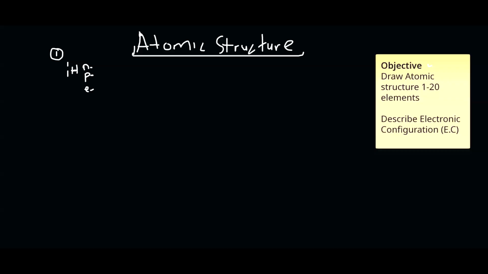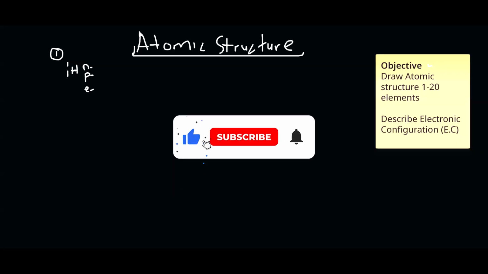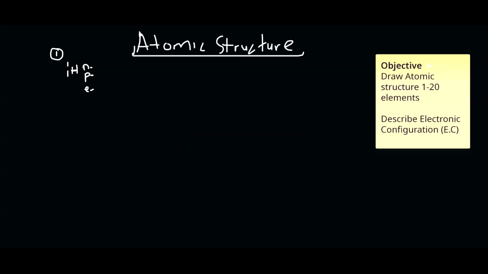Remember we did the 20 elements yesterday, we worked out the neutrons for all the elements. So how many neutrons in hydrogen? 0. Good. And for those who are wondering how we get that, you can watch the video, the link is on the top right of the screen.